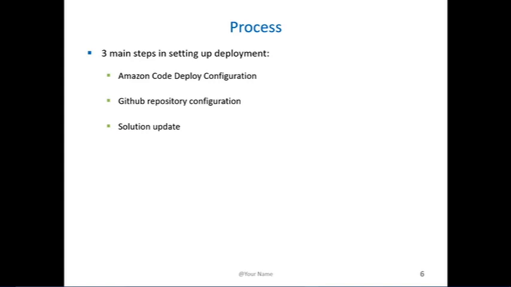The second step was creating webhooks in GitHub, which would allow automatic deployment of the application from GitHub into our instance based off of any successful commits. And the last step was creating a file in our solution that had specifications on which files to move as part of deployment and where to move them within each instance.